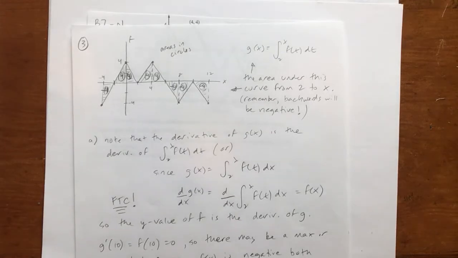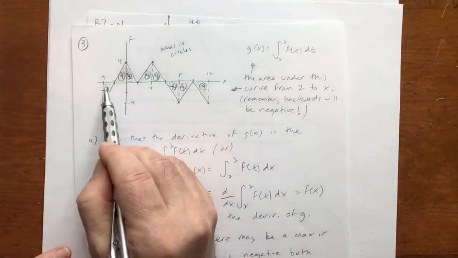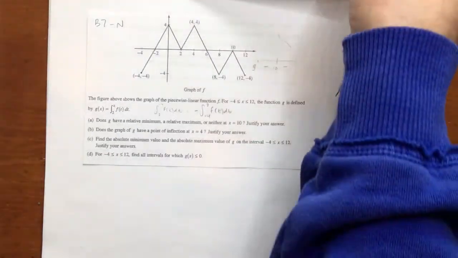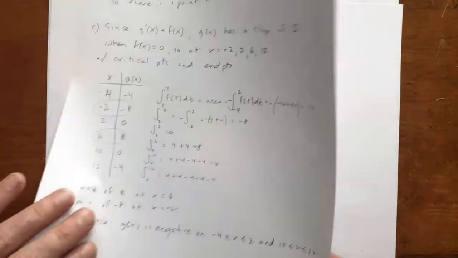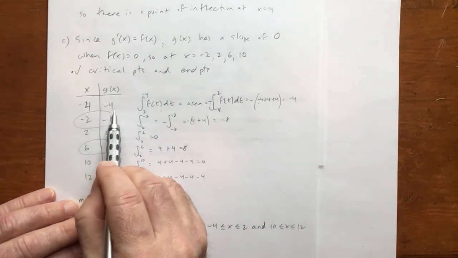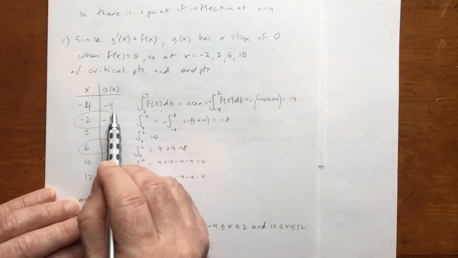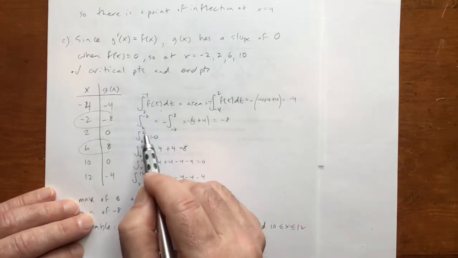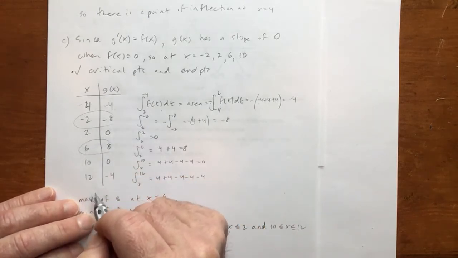The area from negative 4 to 2, I just add up all those. Remember, anything below will be negative, and so I get negative 4, 4, and 4. So the y value of g is negative 4. If that's the lowest or the highest of all the y values, that would be one of my absolute mins or maxes. I do the same thing for all of these different values here.